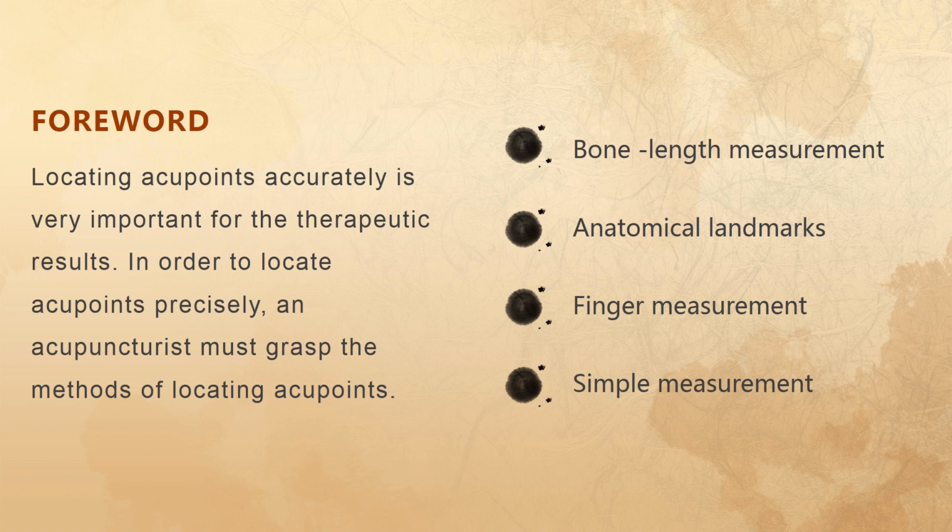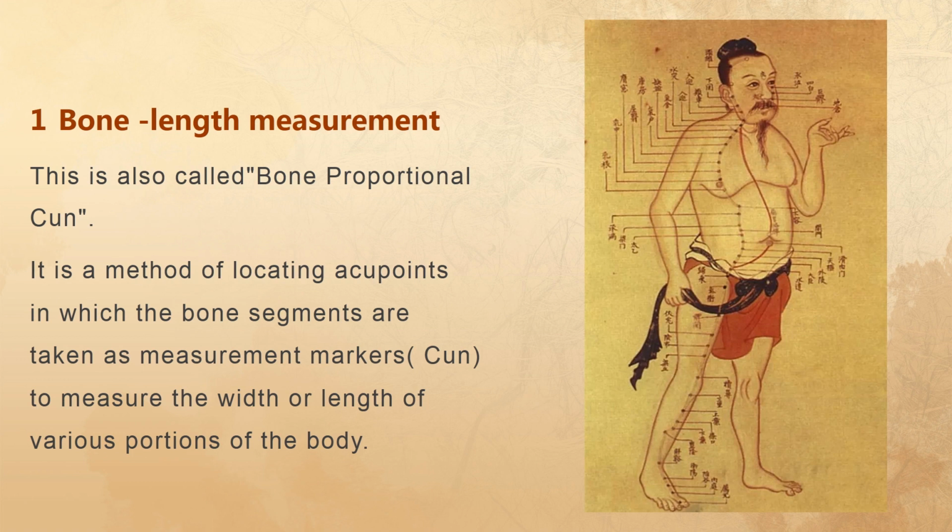There are mainly 4 methods of locating acupoints, including bone length measurement, anatomical landmarks, finger measurement, and simple measurement. The first, bone length measurement.